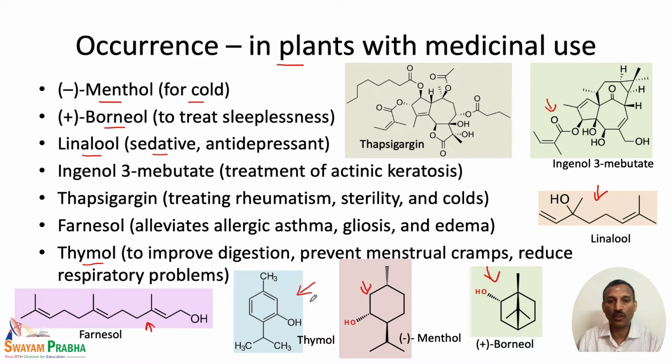As we mentioned earlier, this has a phenolic unit. So these are all the various terpenoid compounds which are generally used for medicinal purposes. And of course there are other compounds that we have seen, Taxol, artemisinin, vinblastine. All these compounds are also examples of terpenoid compounds.